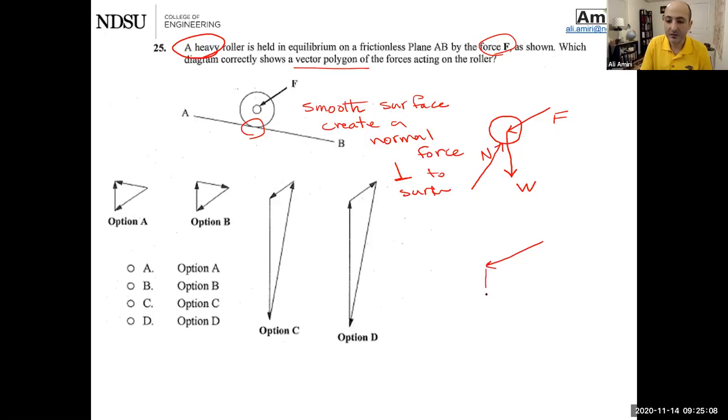F, W, and if I put N right here, that totally makes a polygon as the problem is asking. So which one do you think is the polygon that we're looking for?